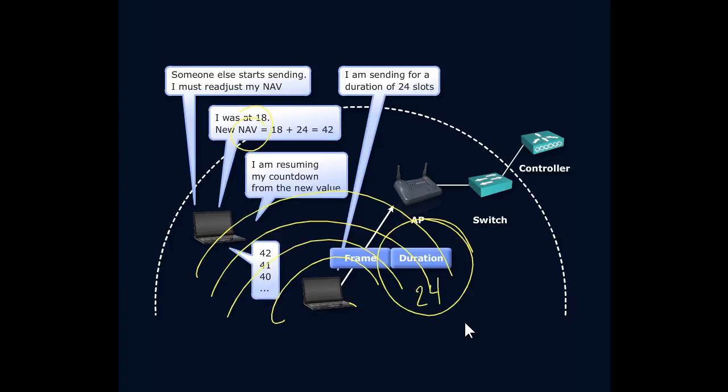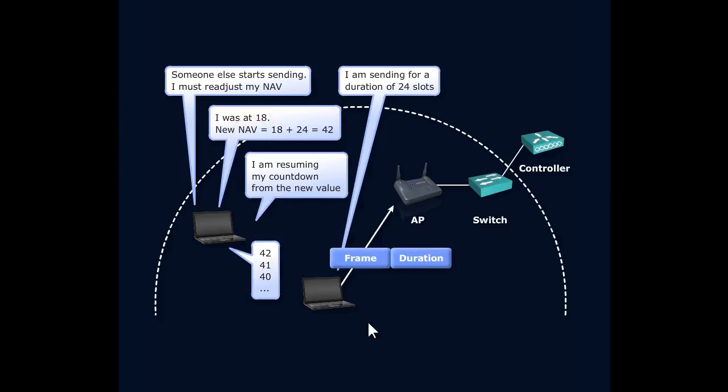And so because of that, I learn, as this device is talking to the access point, that I better wait an additional 24. So I create a new value for my counter. I ratchet it all the way up to 42. The 18 I had left from my DIFS plus 24.